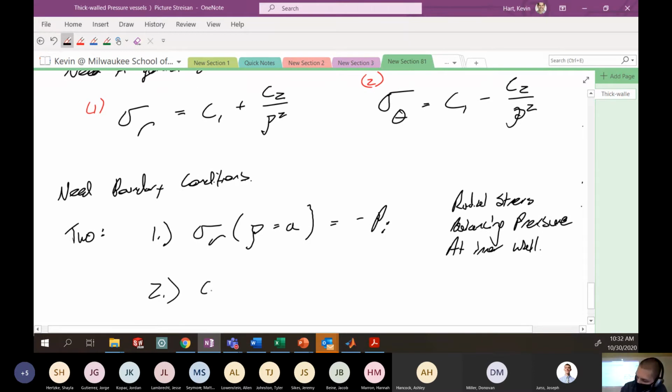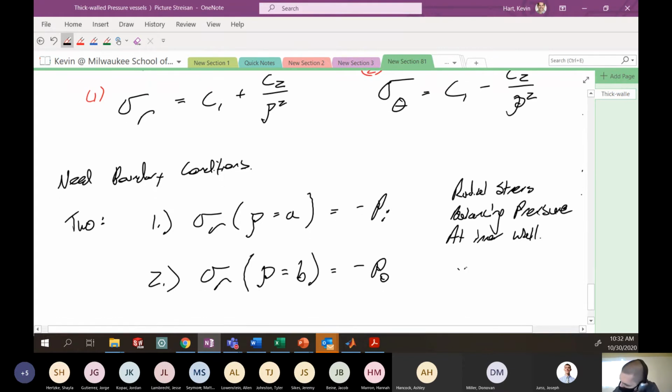My other boundary condition, you might imagine, is the radial stress at the outer wall, rho equals B, is the opposite of whatever pressure is bearing down there. So same thing here, but outer wall.